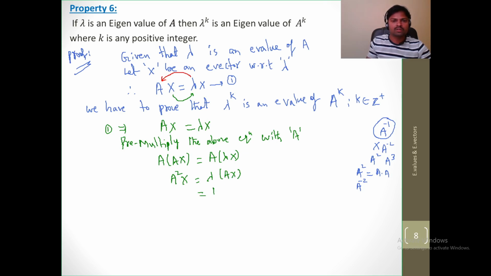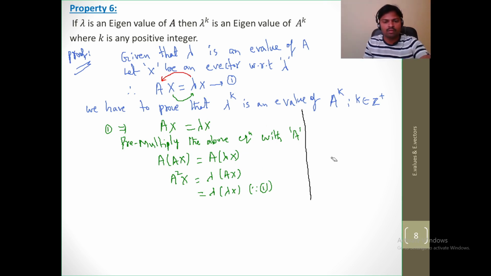But what is Ax now? Look at equation number 1. Ax value is lambda x. Substitute here. So this is equivalent to A square x equals lambda square x. I started with A square x, and I ended with lambda square x.